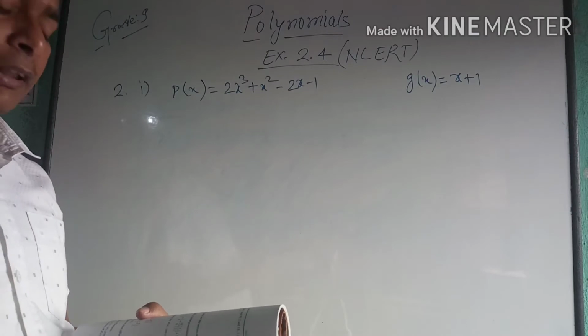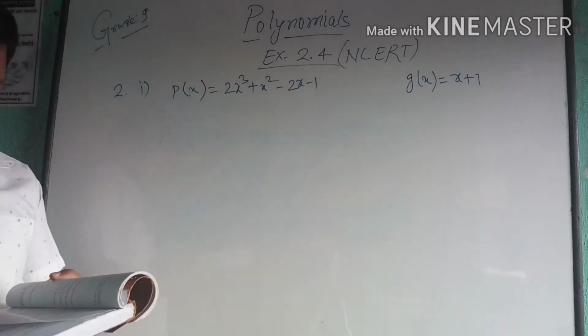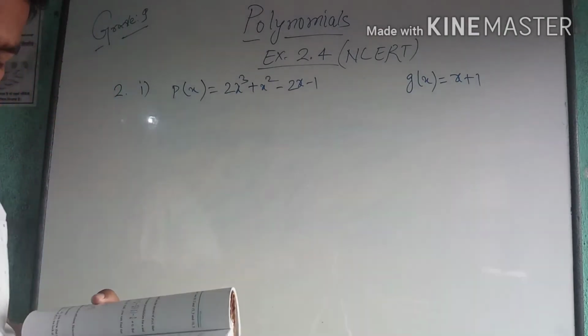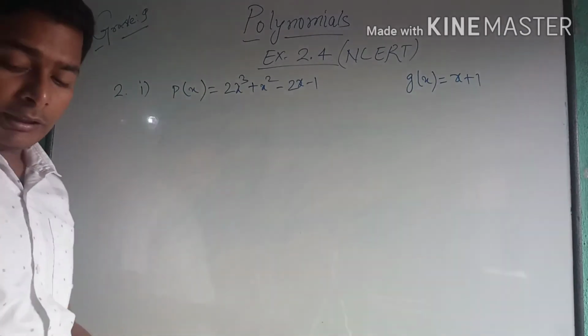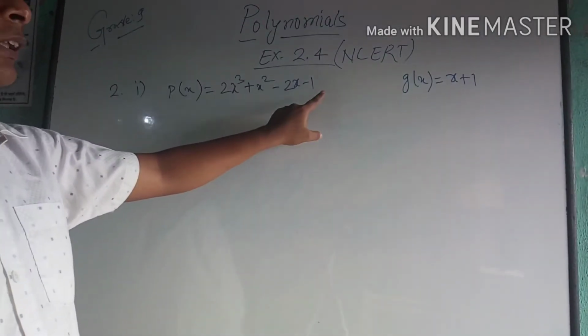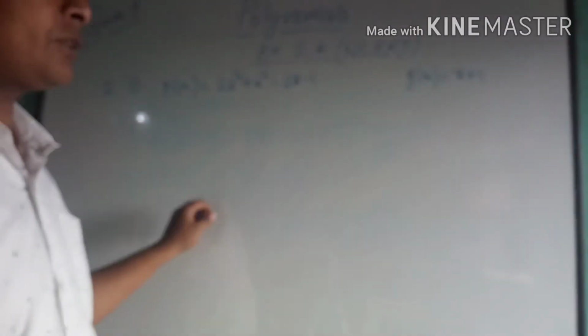Number 2, the question is: use the factor theorem to determine whether g(x) is a factor of p(x) in each of the following cases. And we have part 1 here, where p(x) is written as 2x cube plus x square minus 2x minus 1 and g(x) is equal to x plus 1.